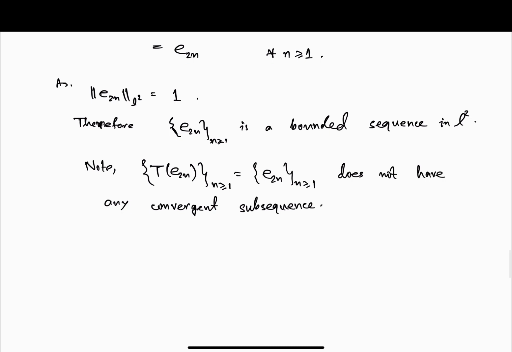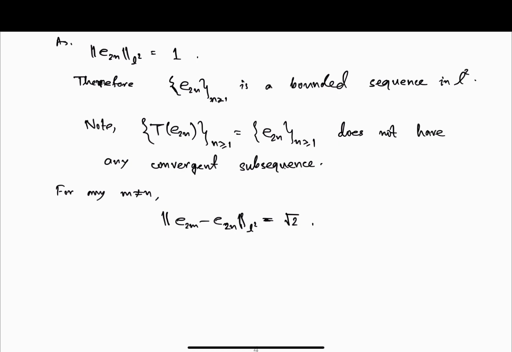Because, for the same reason, for any m not equal to n, the L2 norm of E2m minus E2n is again root 2. So it cannot have any convergent subsequence, because then it would be Cauchy, meaning that the difference should go to 0.